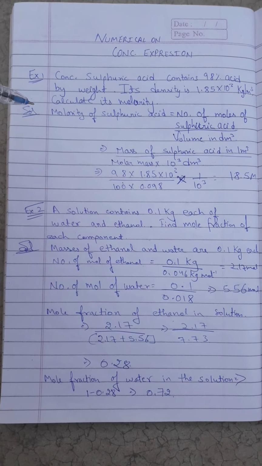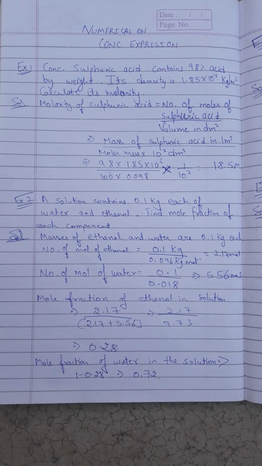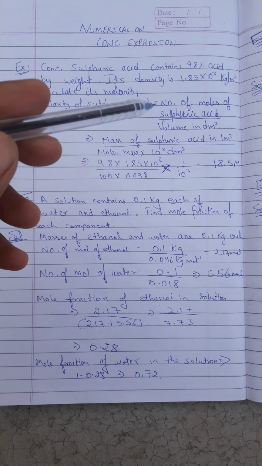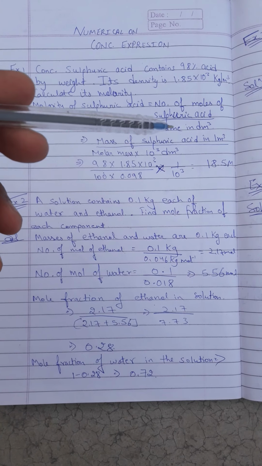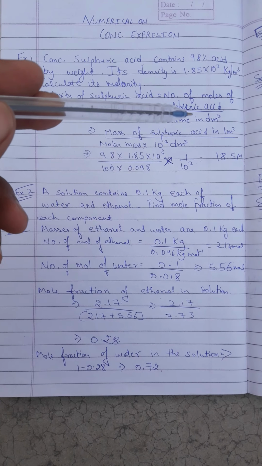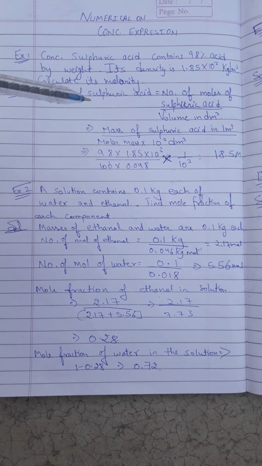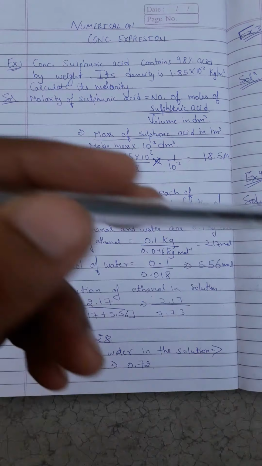So solution is: molarity of sulfuric acid equals number of moles of sulfuric acid divided by volume in decimeter cube. So mass of sulfuric acid in 1 meter cube upon molar mass into 10 exponent 3 decimeter cube.